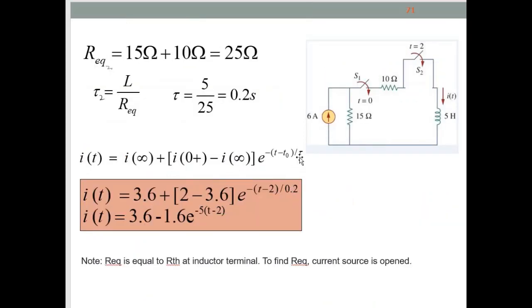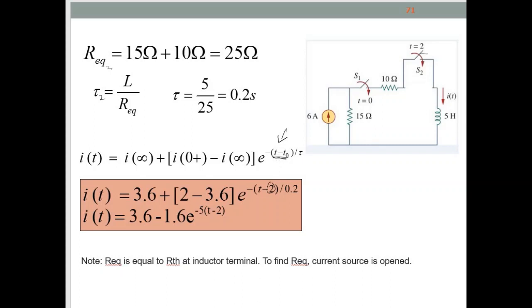And then there is another difference in the calculation in the formula here, because t now refers to not 0 but t minus t naught. t naught here is the switching time, so t minus t naught over tau. This is the only difference between calculating IT when S1 and S2. Again, 2 is due to the switching time of S2.